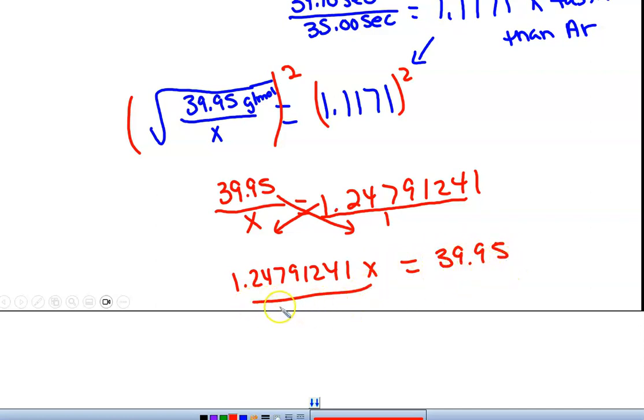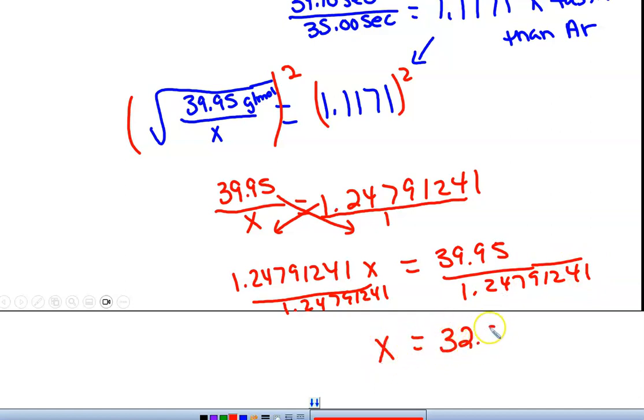And I would need to divide both sides by that number. And again, a lot of times I just hold that in the calculator. And I will find this is 32.01 grams per mole.